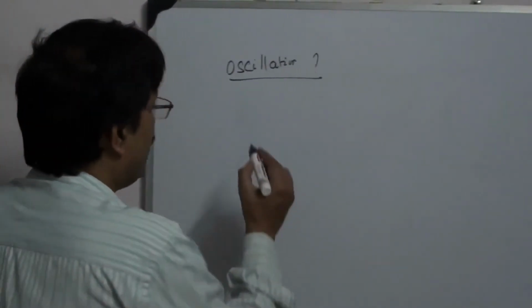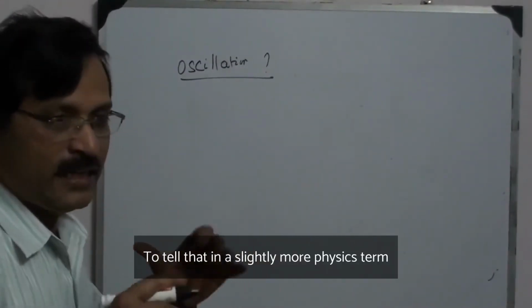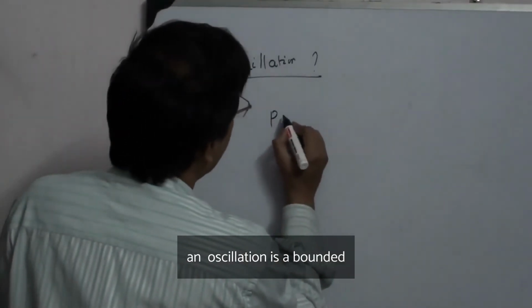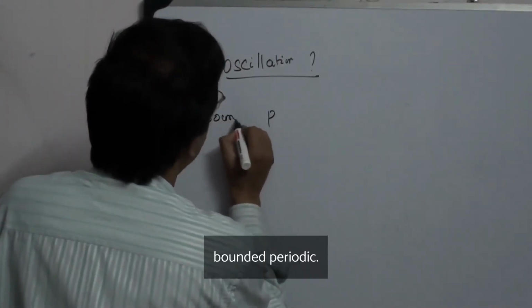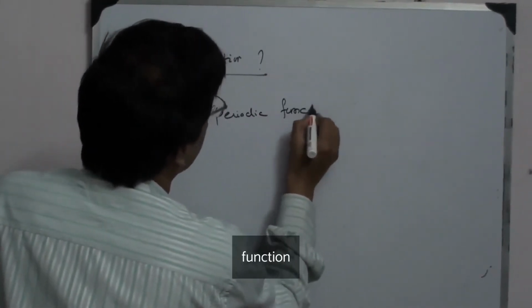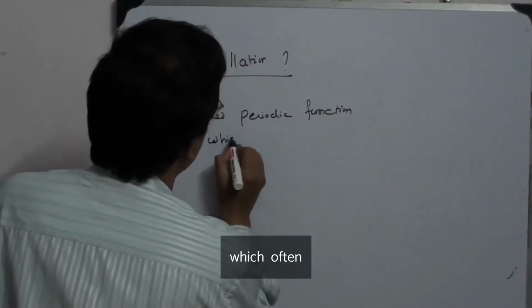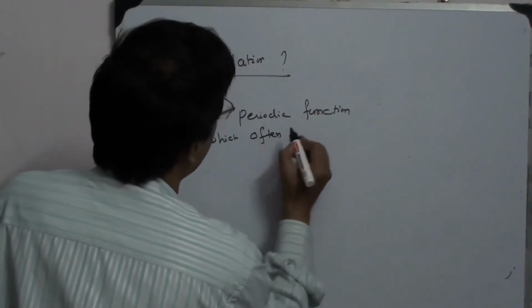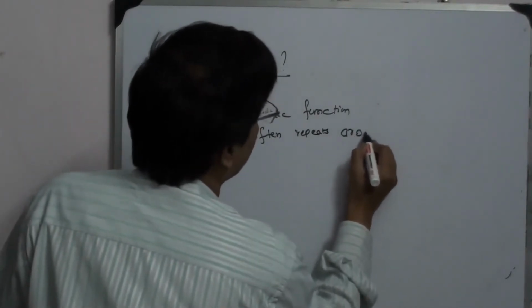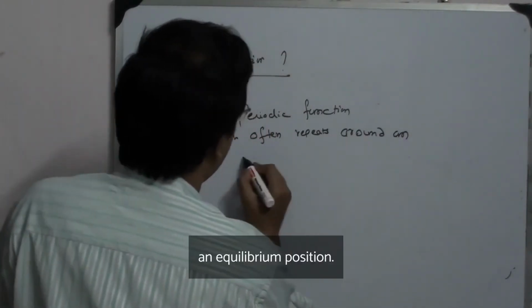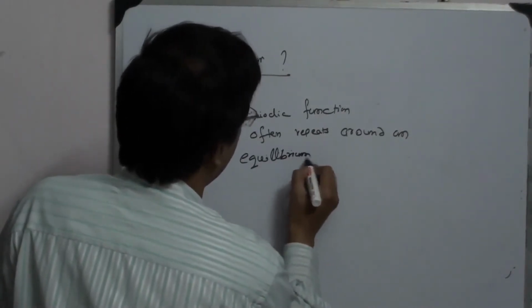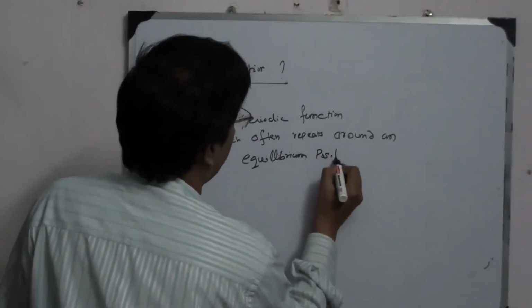To tell that in slightly more physics terms, an oscillation is a bounded periodic function which often repeats around an equilibrium position.